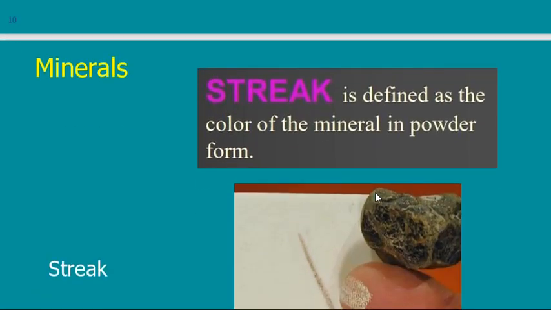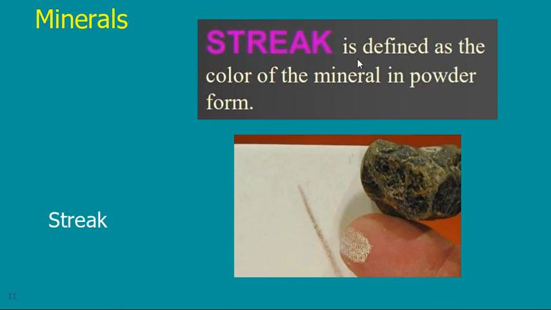Streak. What is streak? Streak is defined as the color of the mineral in powder form. This is a mineral. What is the color of this mineral? It is dark. It's not white. But when you try to scratch the wall with it, it will leave a white trace.